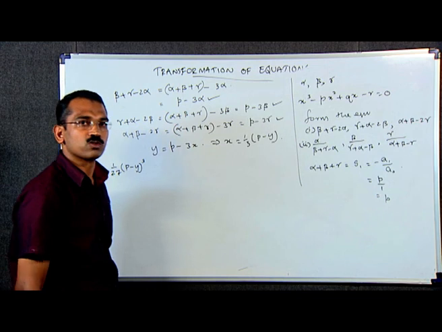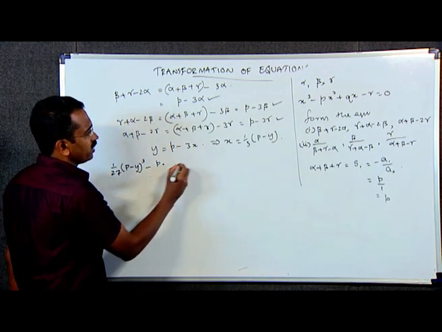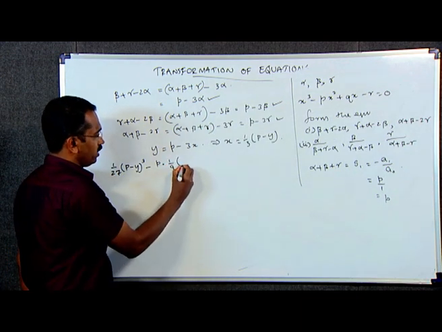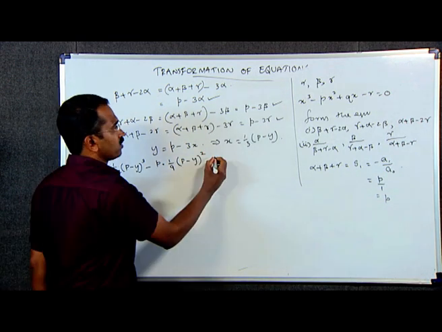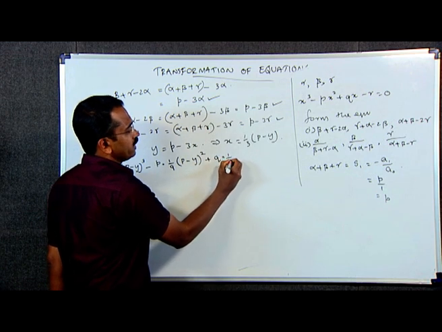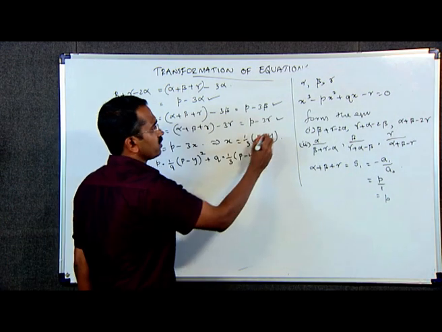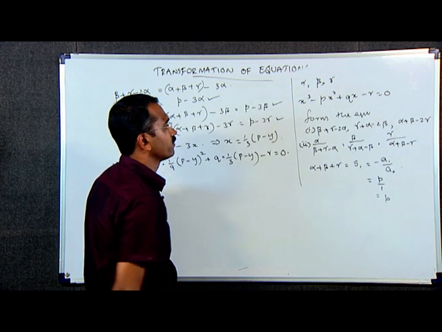minus P into x square, that is 1 by 3 into P minus y the whole square, that is 1 by 9 into P minus y the whole square, plus qx, that is q into 1 by 3 into P minus y, minus r is equal to 0.